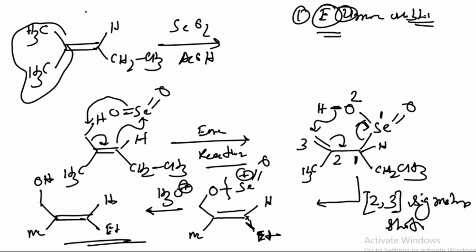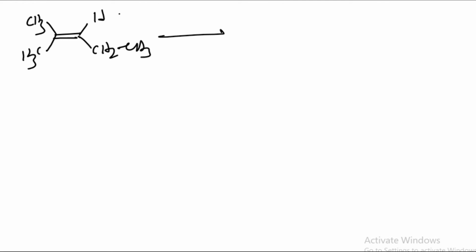So let's do that. You know the ene reaction, if you have studied it. The ene reaction is performed through a six-membered cyclic transition state. So I have to write this structure as a cyclic chair conformation. So how can we write it?